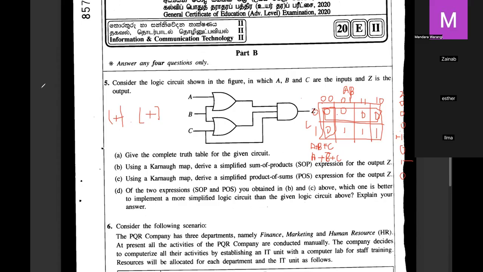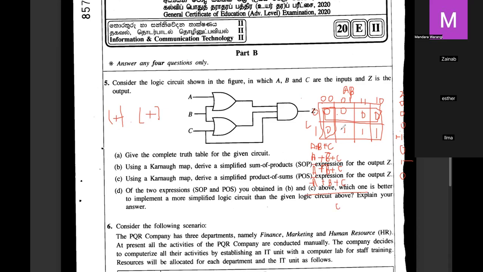How did you get the answer? Here it becomes A bar plus B plus B bar plus C. Then it's A plus A bar plus B, then A bar plus B plus C. So the output of this is only C, which is common.